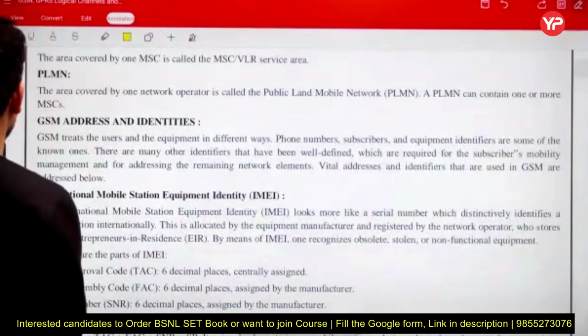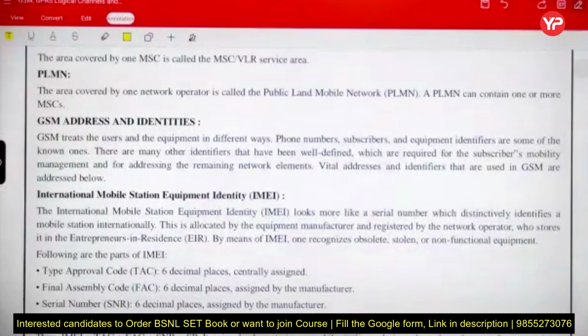Next is GSM address and identities, right? Okay. So whenever we are talking about this GSM, there are two things inside this GSM. The GSM treats the user.